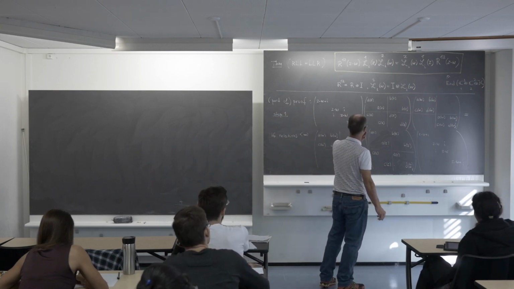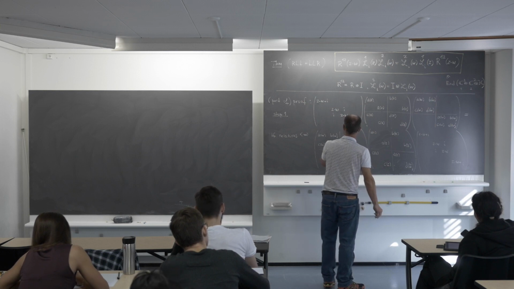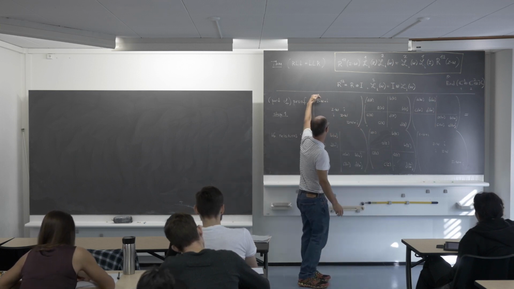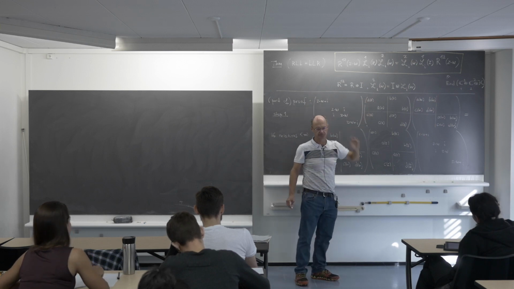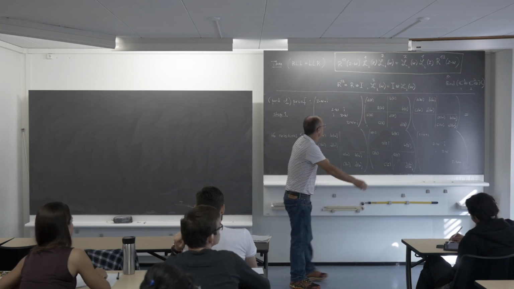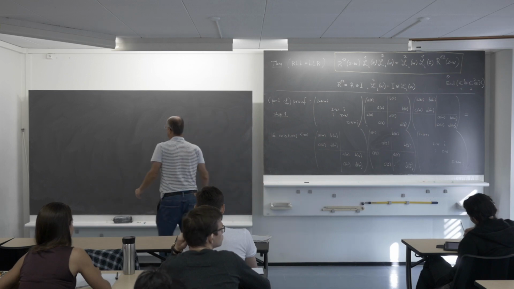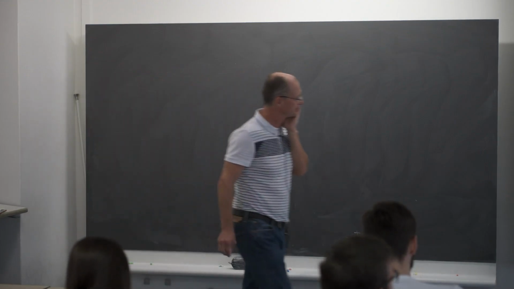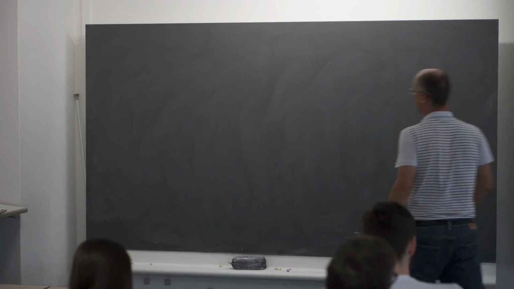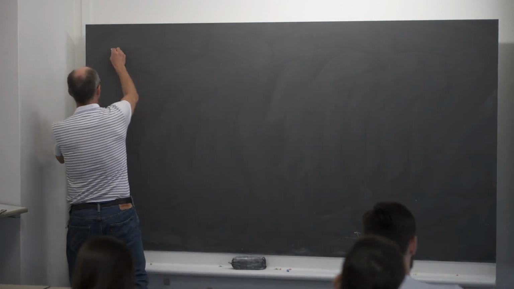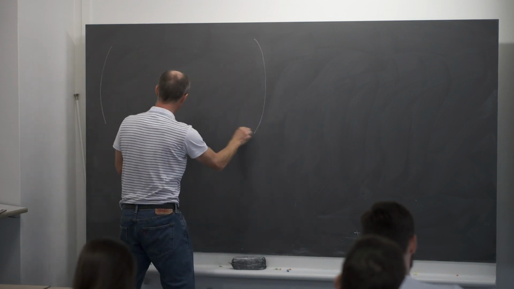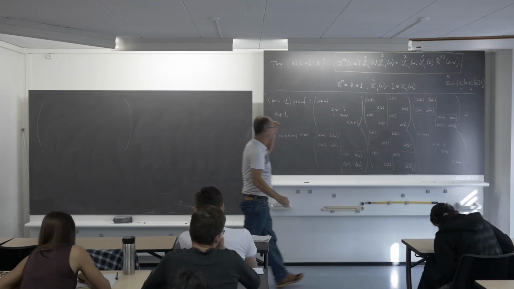So let's do the following. In the result, let's say I will be only interested in the top row, because otherwise it gets too complicated. So let me write the top row of the left-hand side and of the right-hand side.